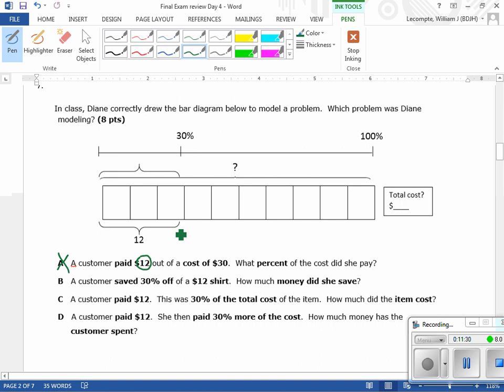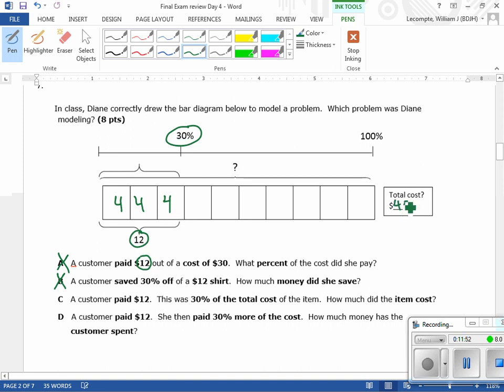So a customer paid $12. I agree with that. This was 30% of the total cost of the item. If there's 3 spaces, that means there would be 4 in each one. And so 4 times 10 would be the original cost of $40.